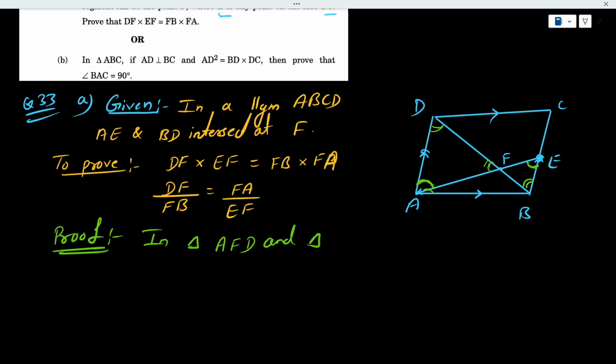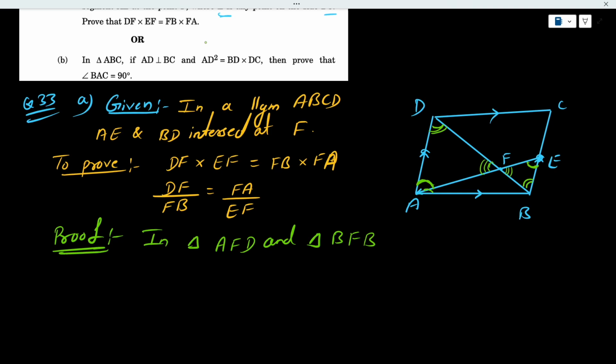And F will correspond to F only, because vertically opposite angles are equal. You can take any two equal angles and use AA similarity to prove that both are similar. So A corresponds to E, right? So triangle AFD corresponds to triangle EFB, D corresponds to B, right?